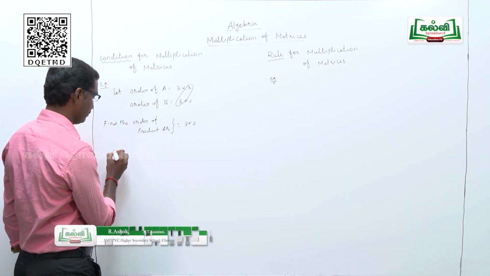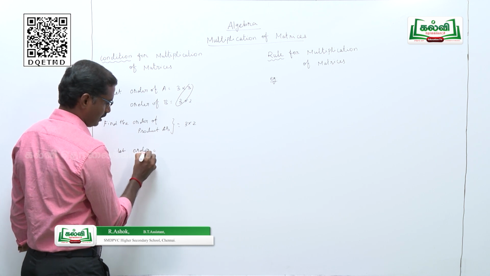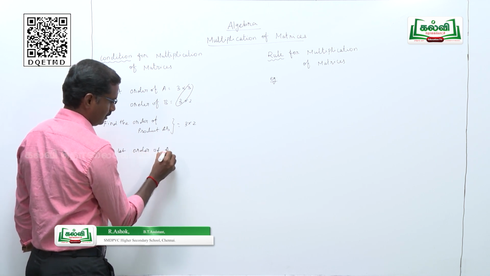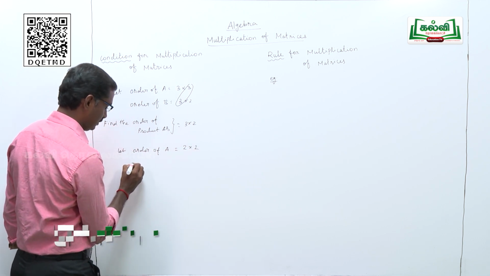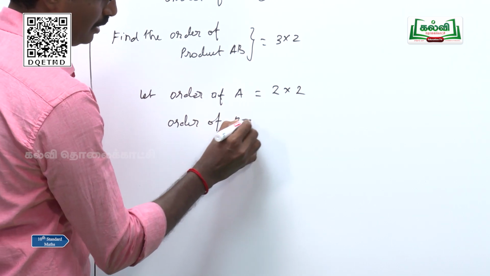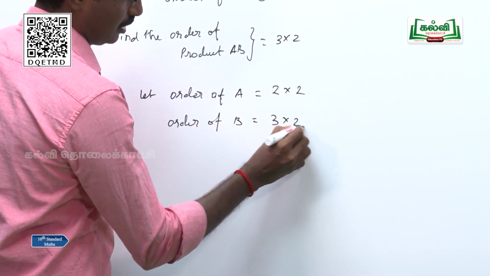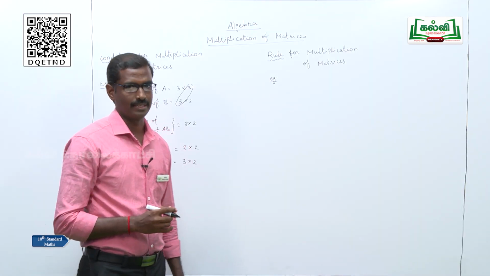Next, one more example. Let the order of A equal 2 by 2 and the order of B equal 3 by 2. Now we are going to find the order of product AB.